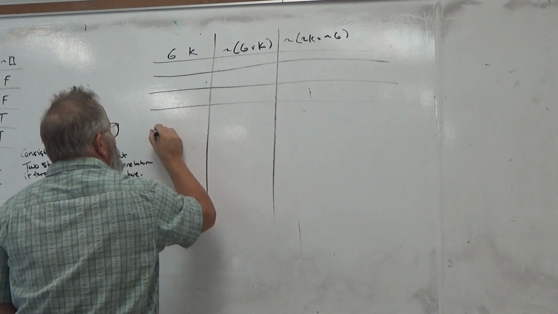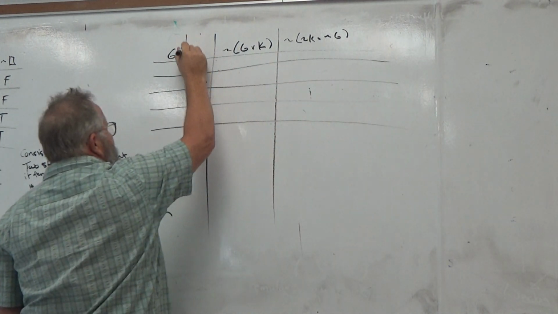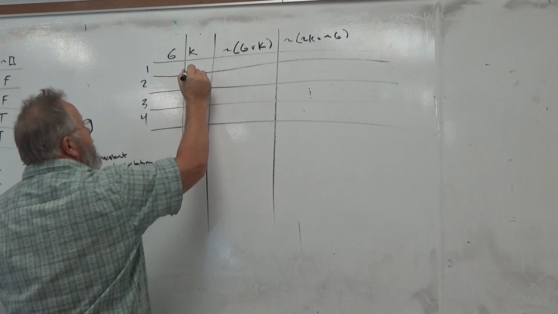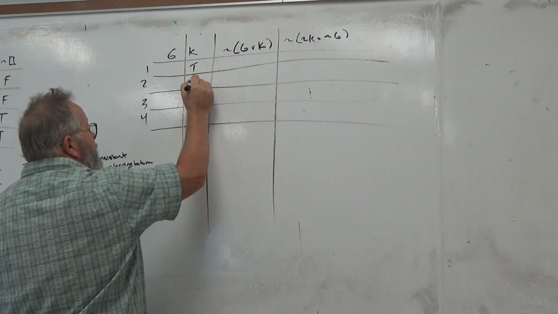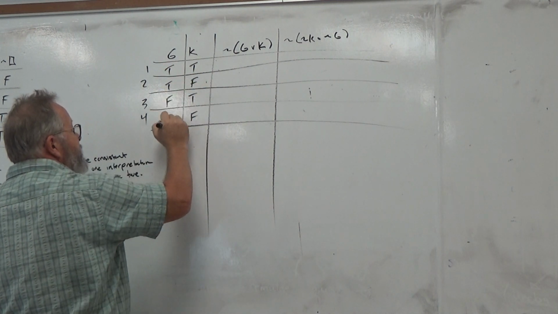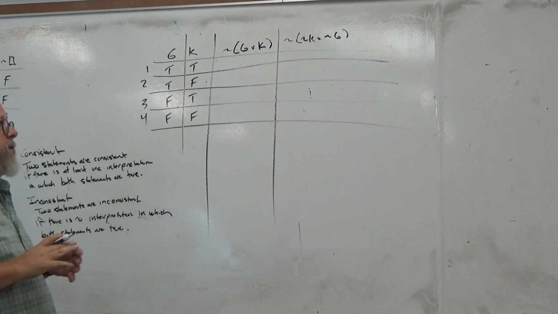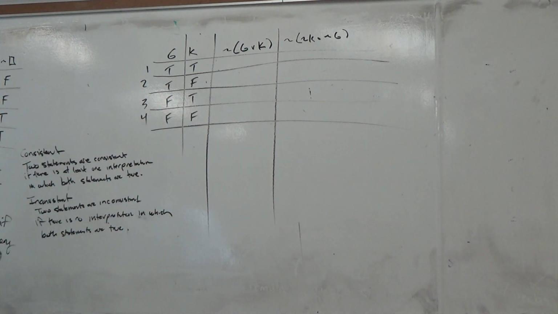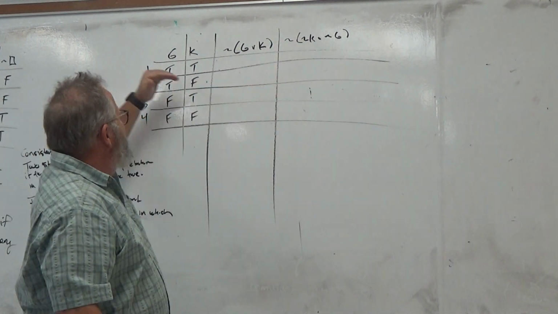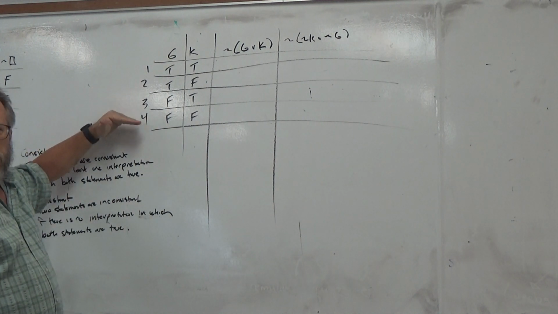So let's come up with all the combinations of truth values. True, false, true, false, true, true, false, false. Okay, that's all the combinations of truth values. So now we're going to figure out the truth value of this and the truth value of that for each of these different interpretations.